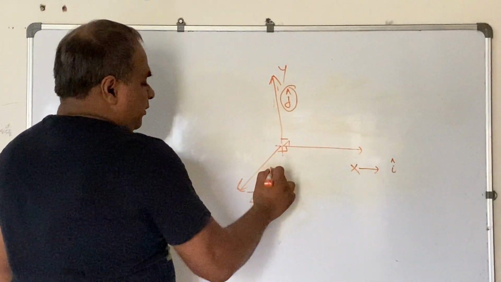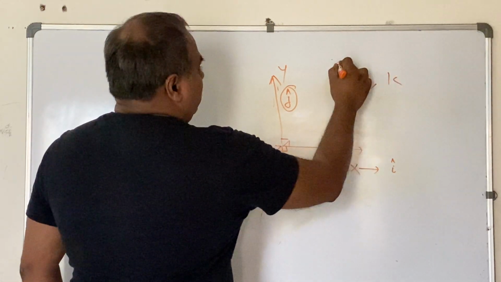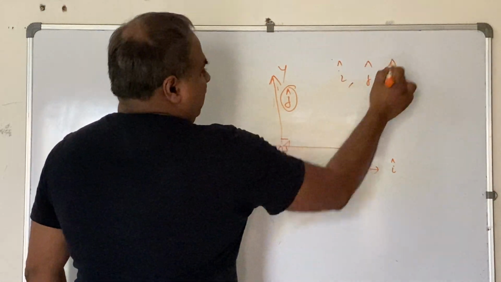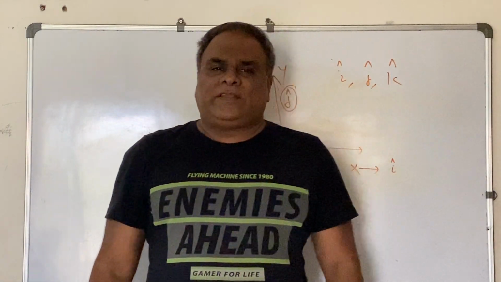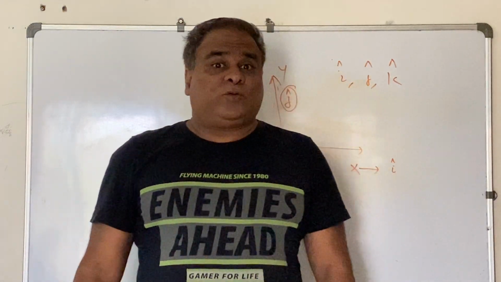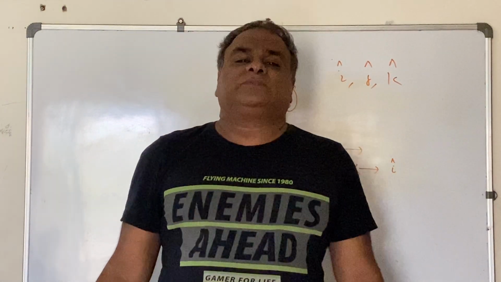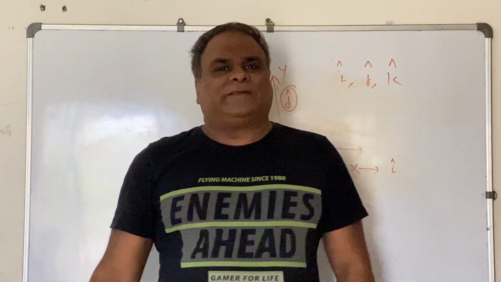This is really important. i, j, k. Unit vector cap. They are small letters. So what is the unit vector along x-axis? i. What is the magnitude of unit vector along y-axis? 1. Magnitude of a unit vector is always 1.